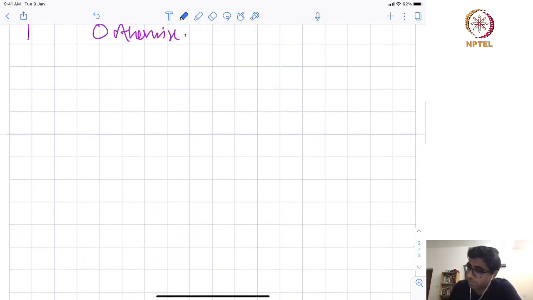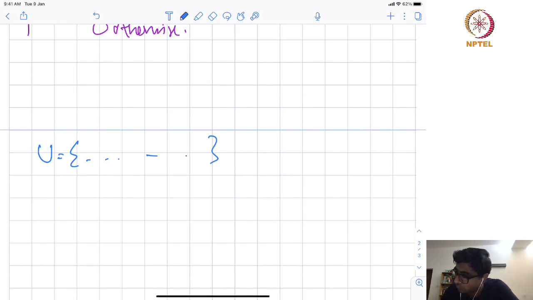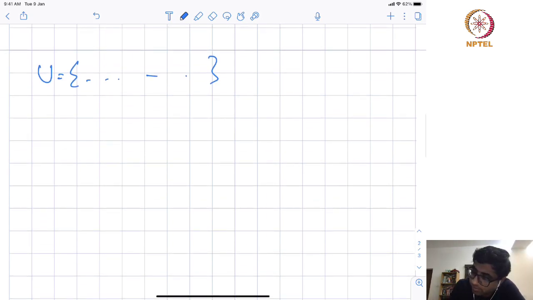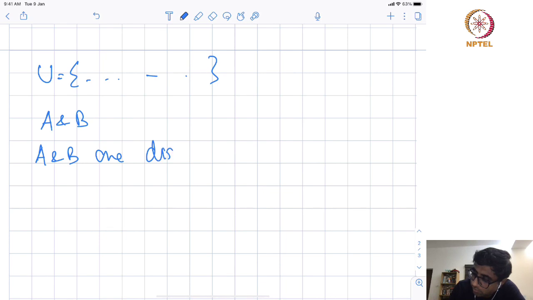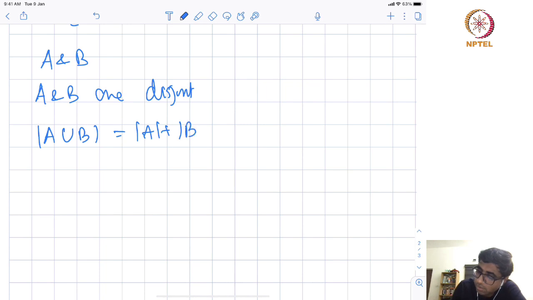The generally taught version is that we are given a universe U, some objects, and now suppose for now you have two sets A and B. If A and B are disjoint, then the cardinality of A union B is equal to the cardinality of A plus the cardinality of B. But A and B need not be disjoint.